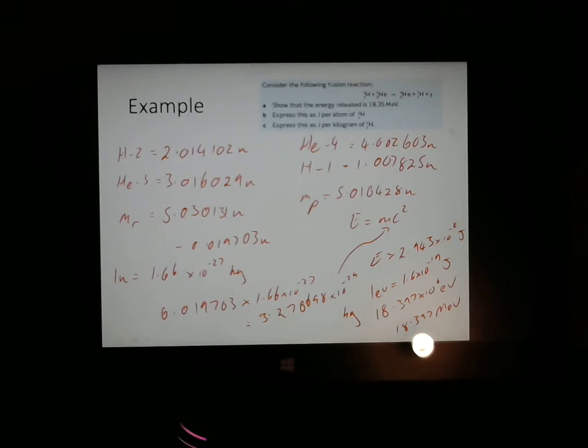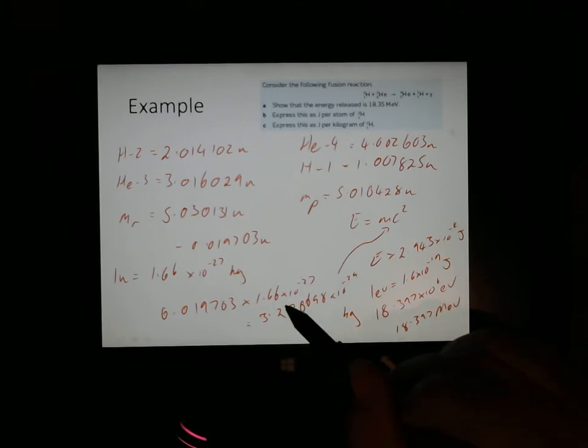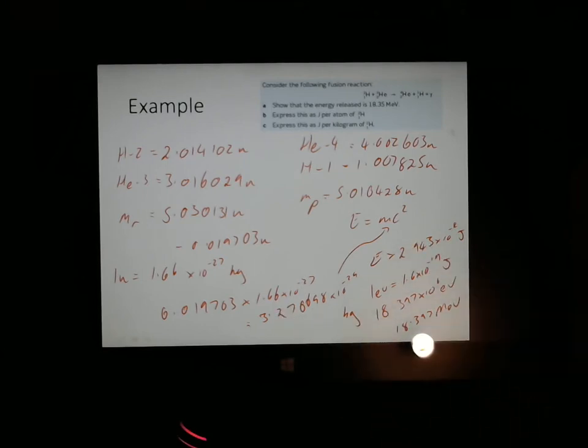Now, why is our number a little bit different? The reason is because I've carried these numbers through the whole way. I haven't done any rounding off at all. Secondly, the 931.5 mega electron volts is an approximation. There would be more decimals on it, but Richards here has just used that value as a quick reference.